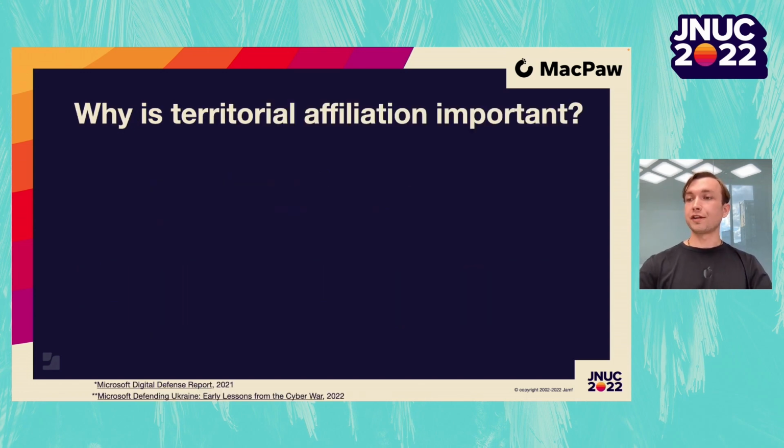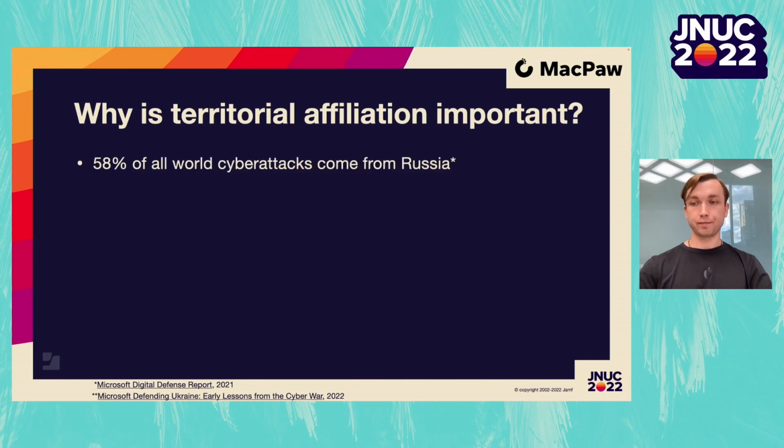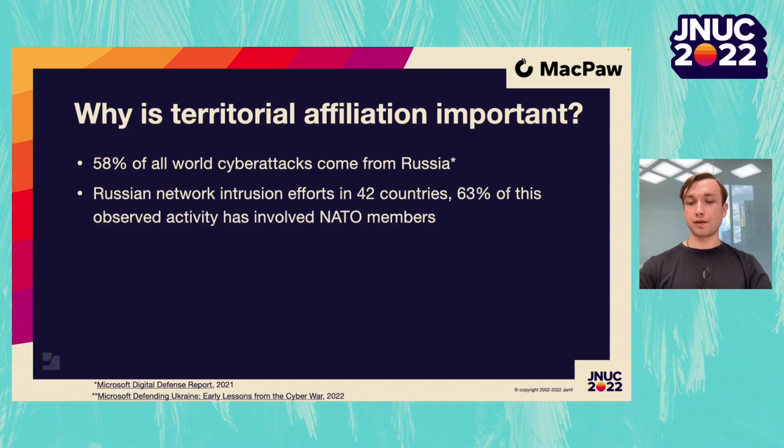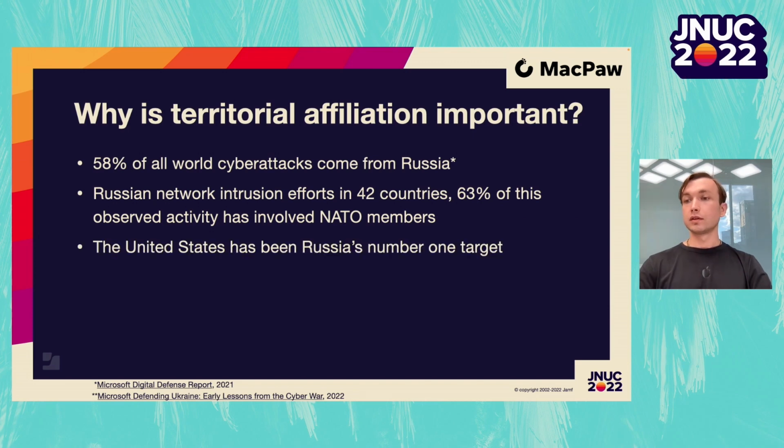Why is territorial affiliation so important? 58% of all world cyber attacks come from Russia. Russian network intrusion efforts hit 42 countries. 63% of this observed activity has involved NATO members. The United States has been Russia's number one target.